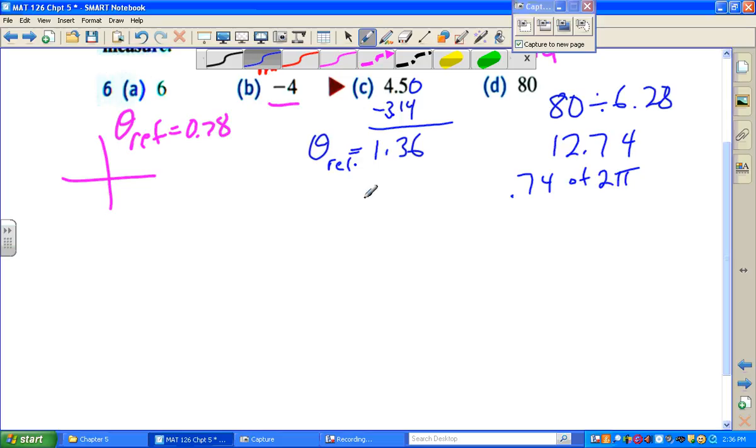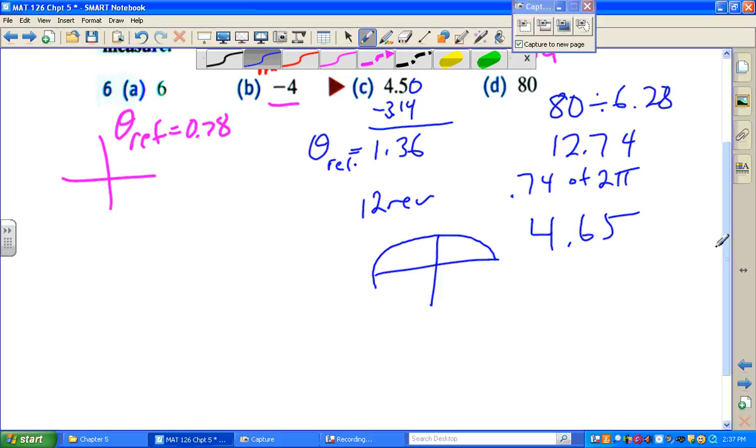So it's 12 revolutions. So 0.74 times 2 pi is what? What is it? Is that what you got to do? 4.65? All right.